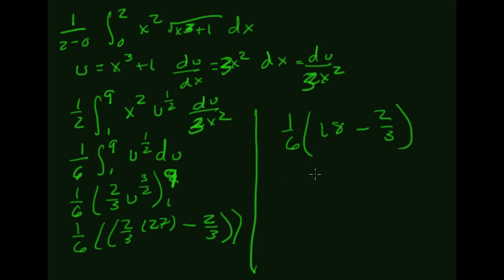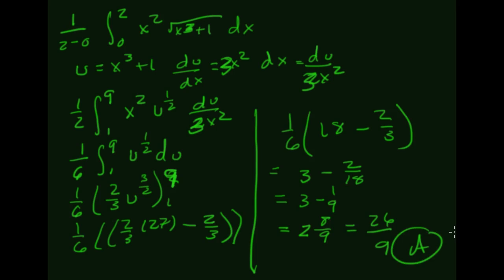Let's take the 6th through that. That's going to give me 3 minus 2 over 18, which is 3 minus a 9th, which is 2 and 8/9. 18 and 2 and 6 is 26 over 9, and that's A. So that one involves a little bit of u substitution. So there you have it. Sorry about the little bobbles along the way there, but I think we got it.